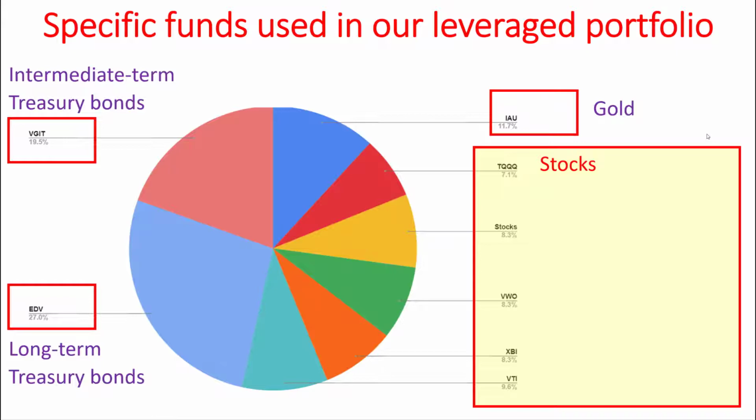The stocks include overall market stock funds such as VTI. It also uses specialty funds like the biotechnology fund XBI to grow more aggressively. It also includes more individual stocks we picked for their long-term return potential. And finally, it applies the target leverage by the ProShares UltraPro QQQ fund, ticker symbol TQQQ.